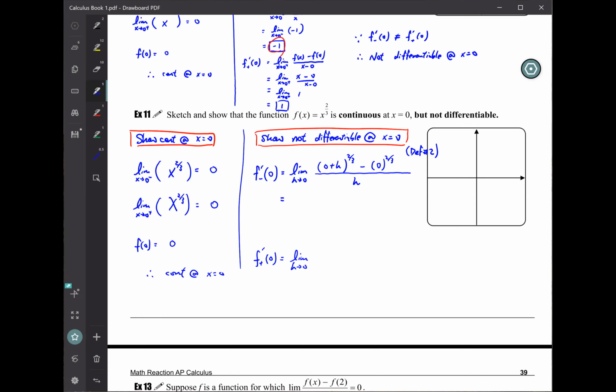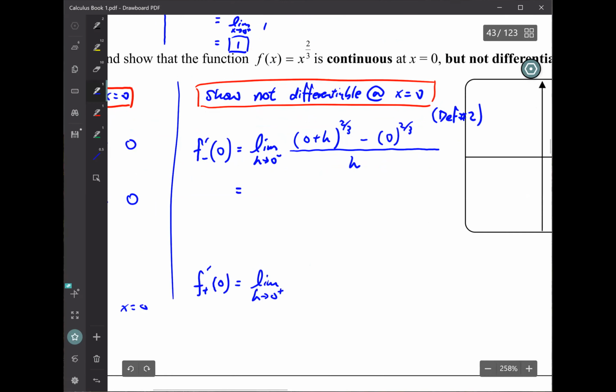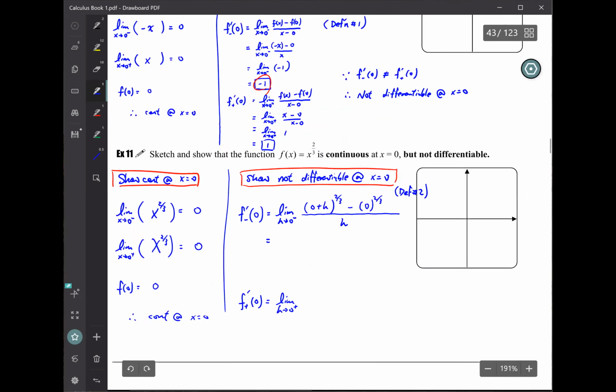So you have to do h approaching 0 from the left side, and the other one is h approaching 0 from the right side. Here the little difference is you need to add a little minus sign and a plus sign, just like the above example.